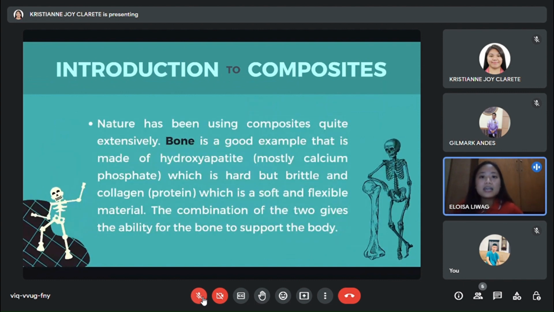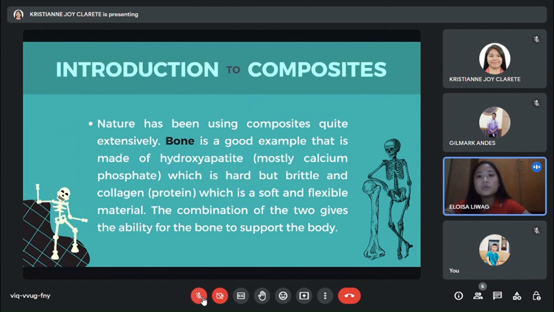The next one is that nature has been using composites quite intensively. Bone is a good example that is made of hydroxyapatite, or mostly calcium phosphate, which is hard but brittle, and collagen, a protein, which is a soft and flexible material.